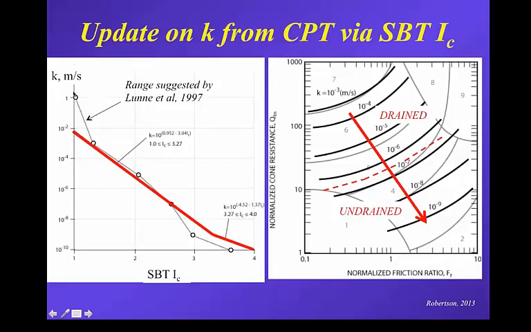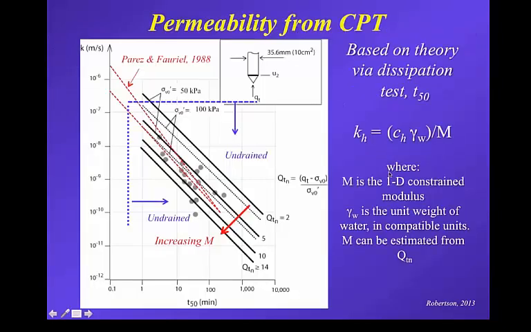Since the CPT gives you an estimate of soil type, or more correctly, soil behavior type, back for the CPT book in '97, we did suggest a range of permeabilities, and you can give them average values and assign an average soil behavior type IC value. And so recently I updated that and said, well, here was the range of permeability against IC that we had suggested in the CPT book in '97.